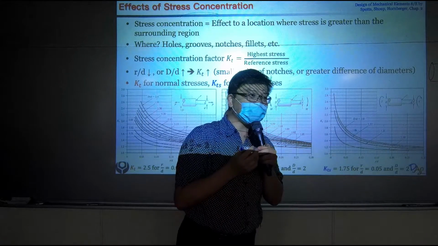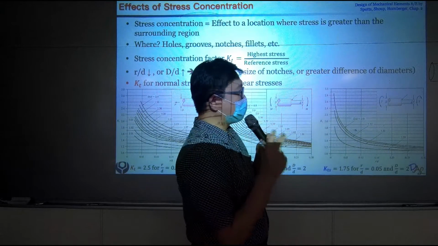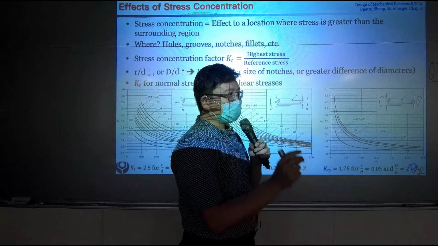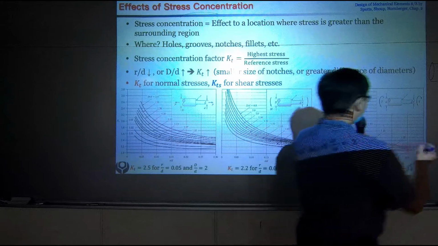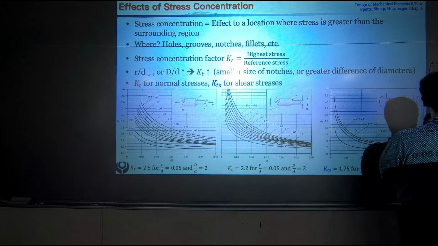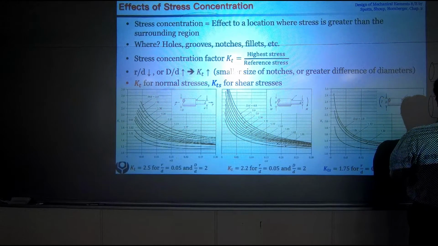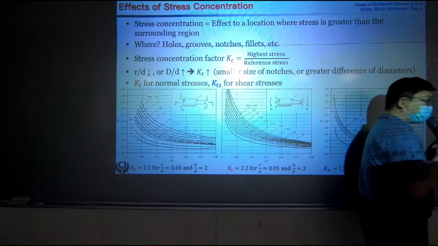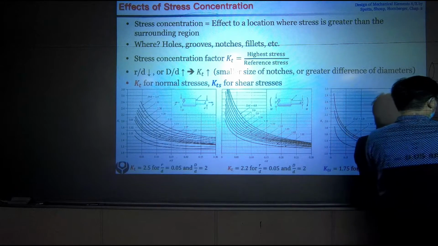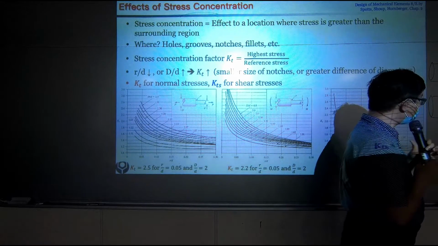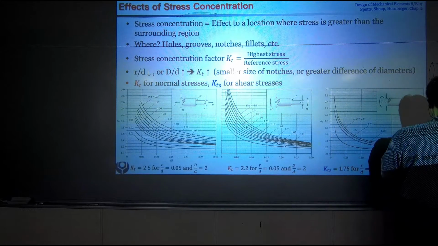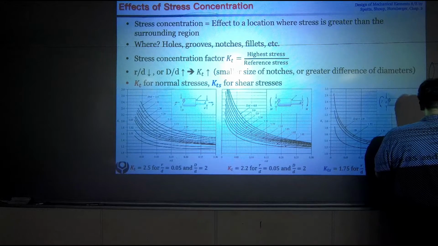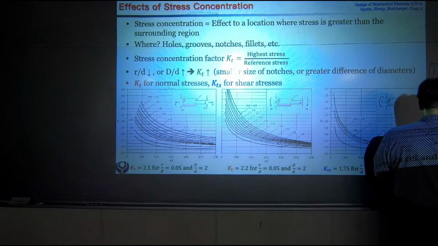Stress tends to concentrate at positions where you have different shapes. Another example is if you have a cylinder with a narrower diameter, then stress tends to concentrate at the corners.